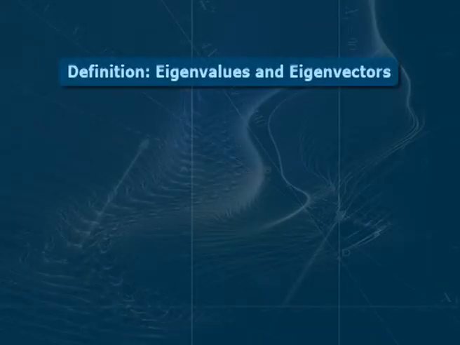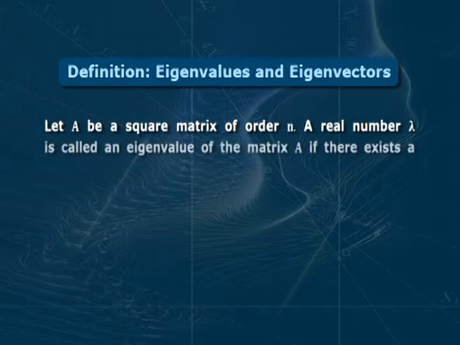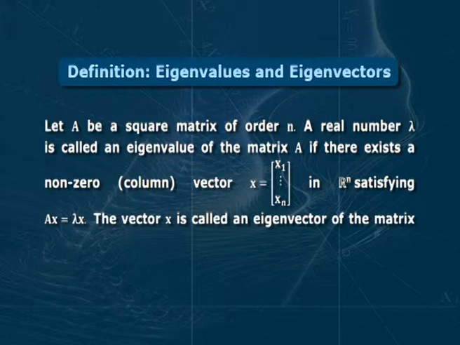Definition: eigenvalues and eigenvectors. Let A be a square matrix of order n. A real number lambda is called an eigenvalue of the matrix A if there exists a non-zero column vector x equal to x1 and so on up to xn in Rn satisfying Ax equal to lambda x.